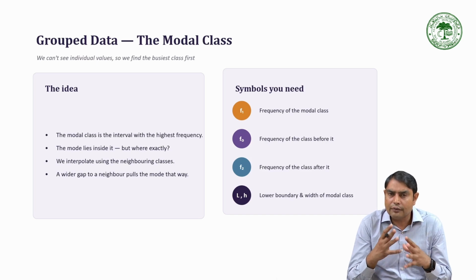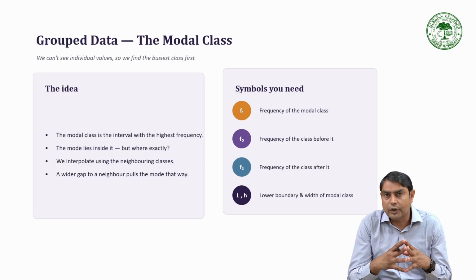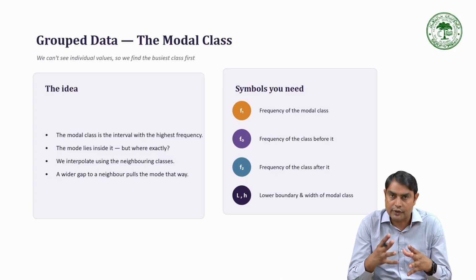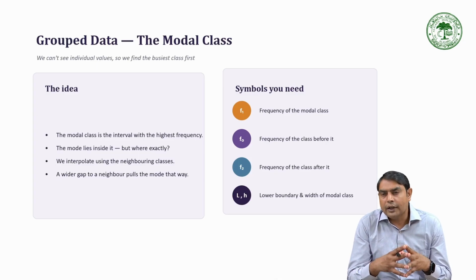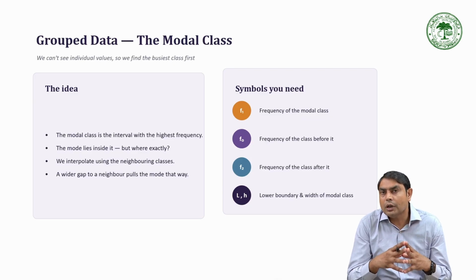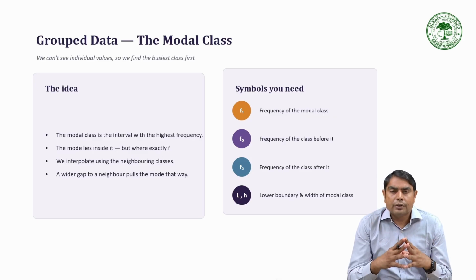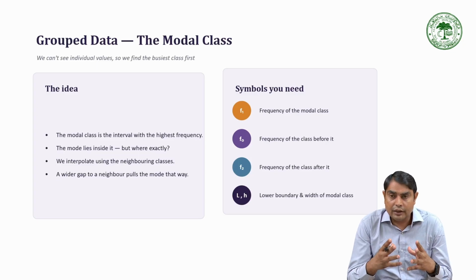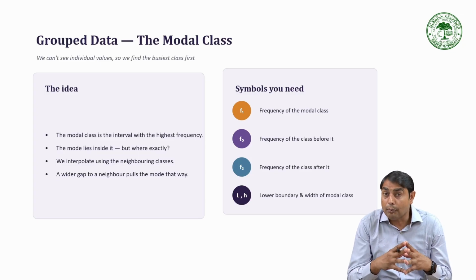So we start by finding the busiest class, the class in which the frequency is highest. The interval with the highest frequency will be my modal range, and we can call it the modal class. It is the class where my mode lives, right?